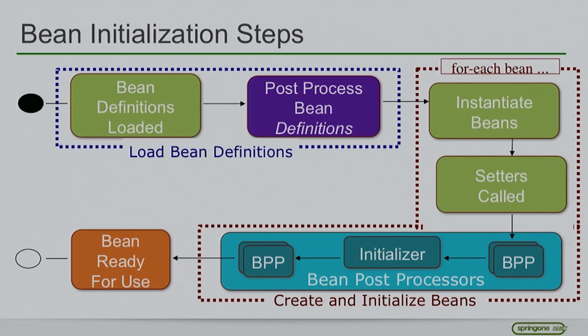Okay? Essentially, once it's gone through that step, that particular bean's ready to use. But we have to iterate over the entire list. All of the beans that have been declared in the bean definitions will go through the instantiate and setters, go through the bean post-processing phase, and then that bean's ready to use. Once we've completed the instantiation of all those objects, the application context instantiation process returns, and now I can perform operations like getBean, invoke the methods, and so forth. Okay? Yes, sir?